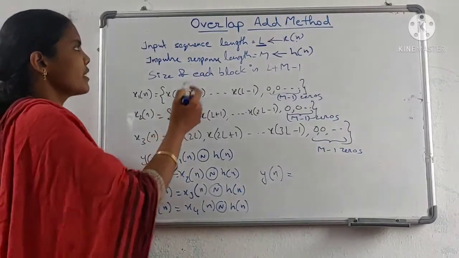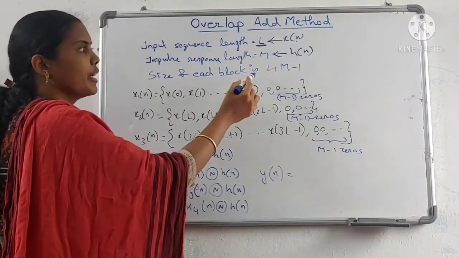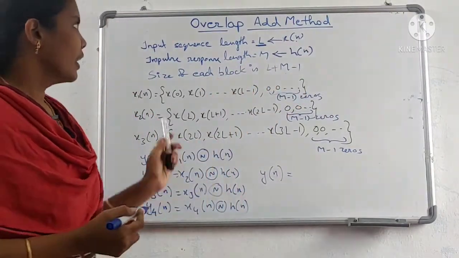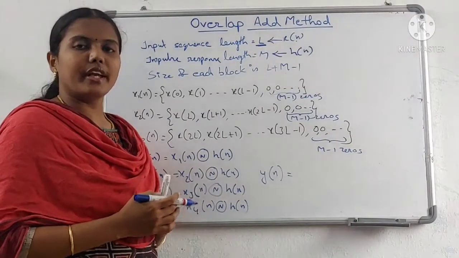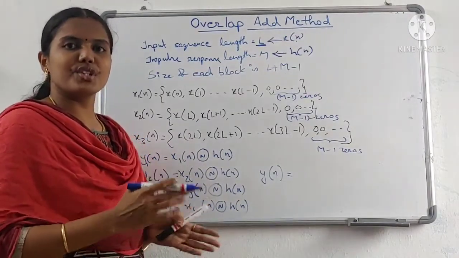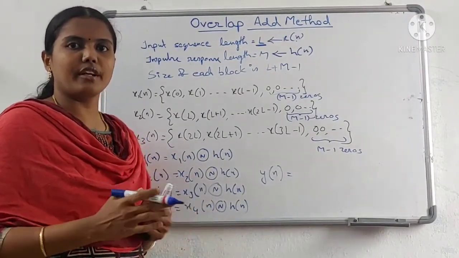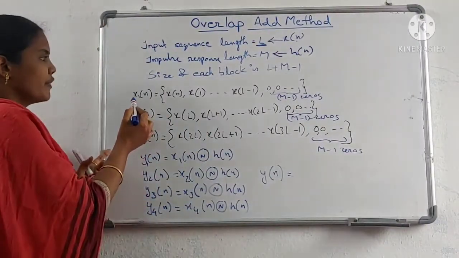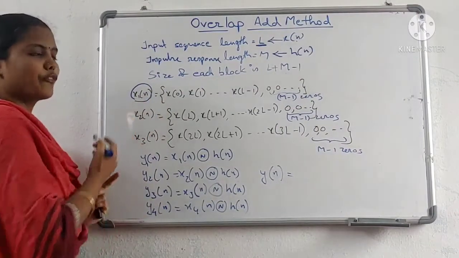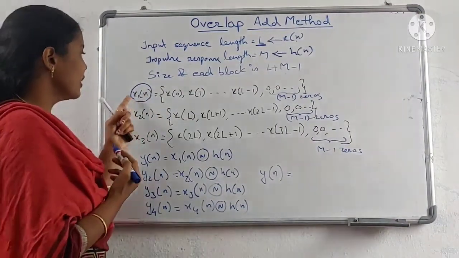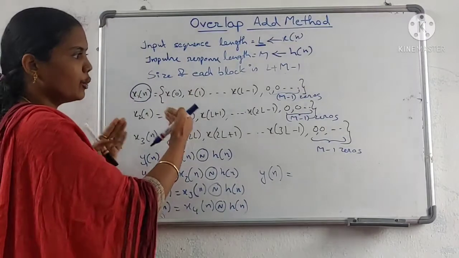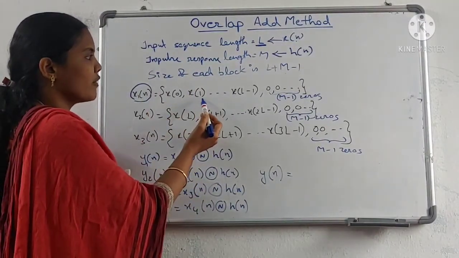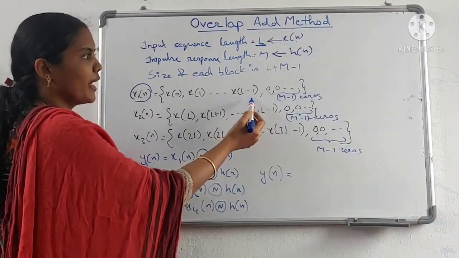In this, the size of each block is L plus M minus 1. That means in the overlap add method, the entire input sequence is divided into different blocks of data. The first block of data is x1 of n, which is x of 0, x of 1 and so on up to x of L minus 1.